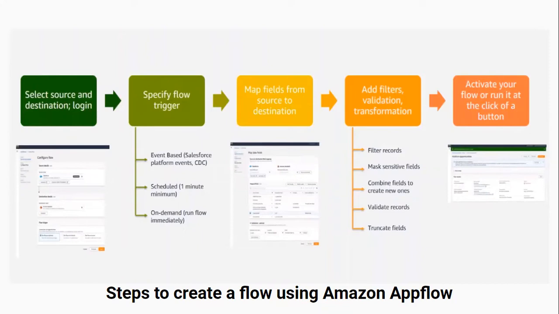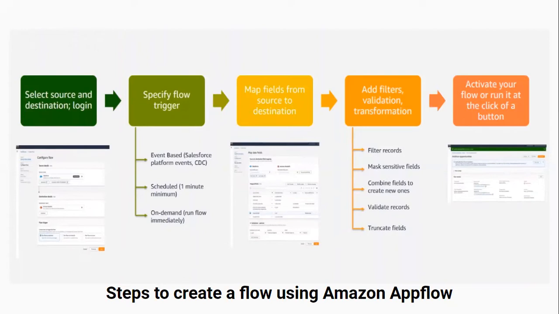First is event based, where as soon as the data changes in our source system, the flow is triggered and transfers the data within a few seconds. Next is scheduled. We can set up our data transfer at a predetermined interval, as frequently as every minute, or choose any frequency according to your requirement.